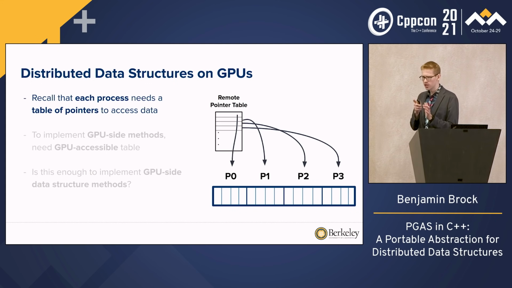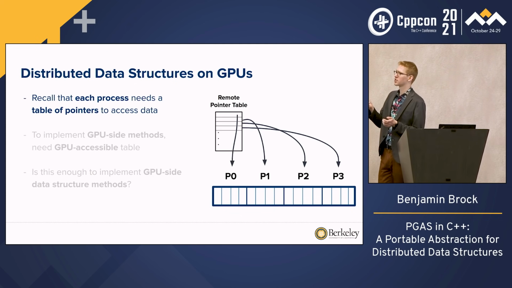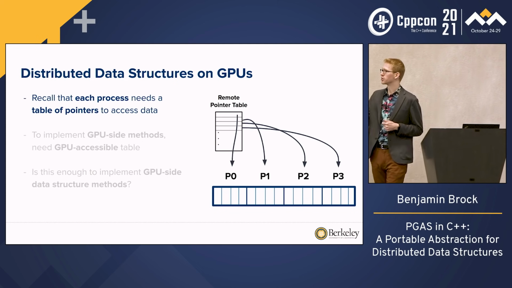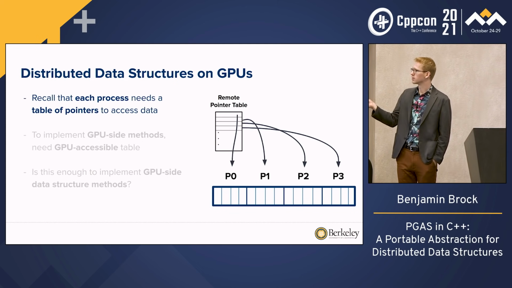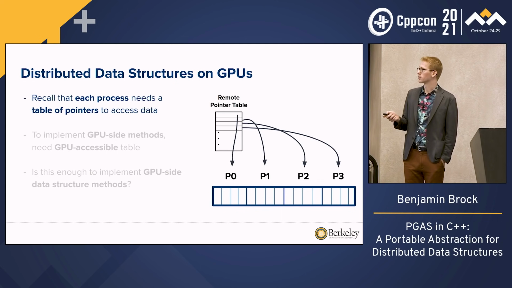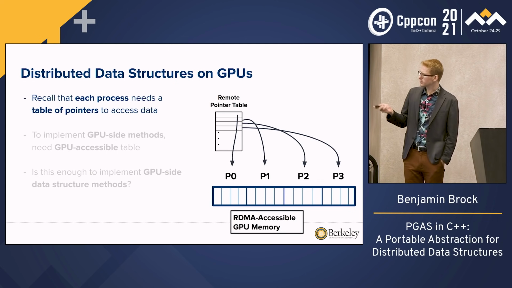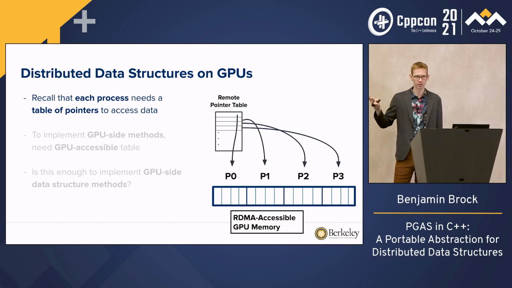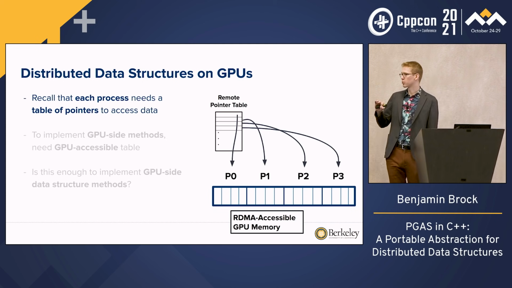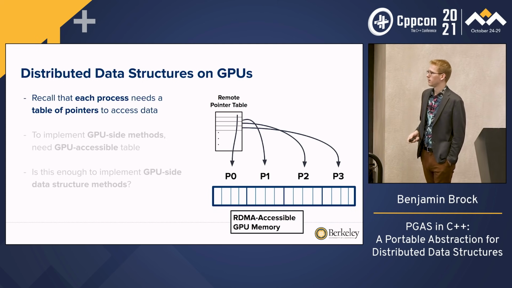Okay, so when it comes to implementing one of these data structures, recall that each process has this table of pointers that it uses to access the data. These are remote pointers into data that lives on different nodes. So now, instead of this RDMA accessible memory that lives on the host, it is RDMA accessible memory that lives on the GPU.